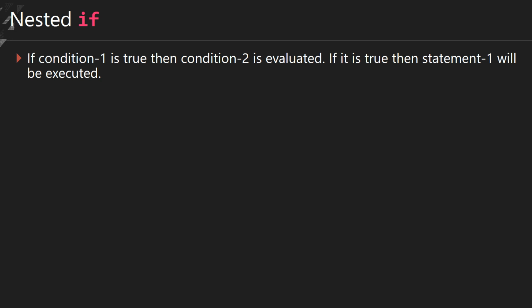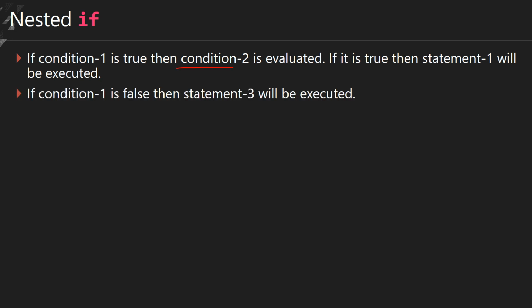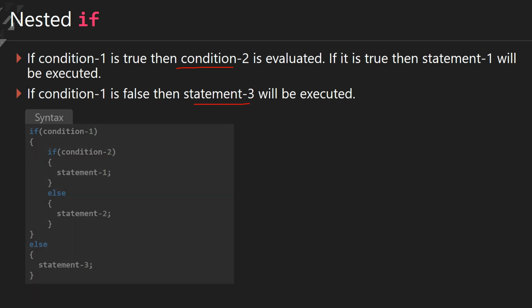So that means if the condition is true, then the next condition is evaluated. If it is true, then statement 1 will be executed. If condition 1 is false, then statement 3 will be executed. Look at this. This is the syntax of the nested if condition. If condition 1 is true, then condition 2 will be tested. If it is true, statement 1 is executed.